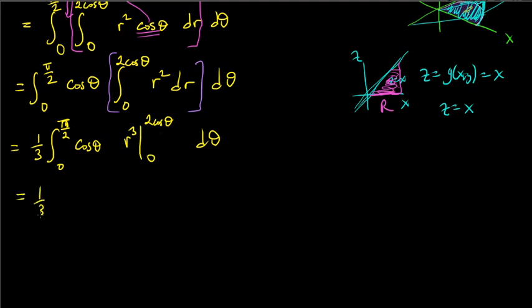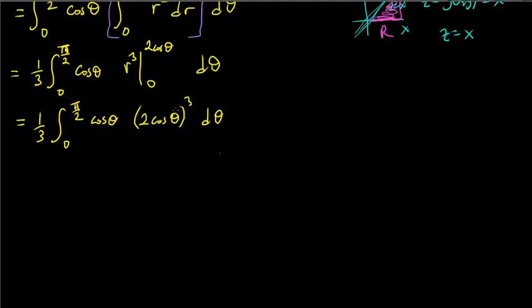So we're going to get 1/3 times the integral from 0 to pi over 2 of cosine theta times, well, I'll write it out again step by step, right? It's just 2 cosine theta cubed, which is going to be 8 times cosine cubed. So the 8 can come outside. And now we have cosine theta times cosine cubed theta.